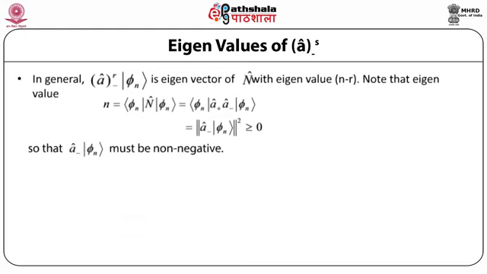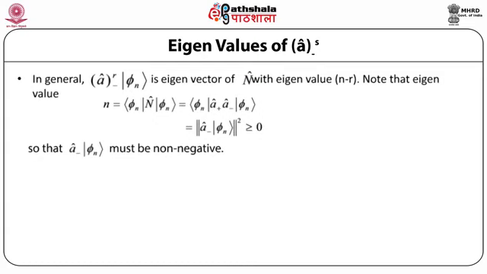The reason why this is so is that the norm of a vector is always positive definite. So the norm of the lowering operator acting on the eigenvector phi n must be non-negative.